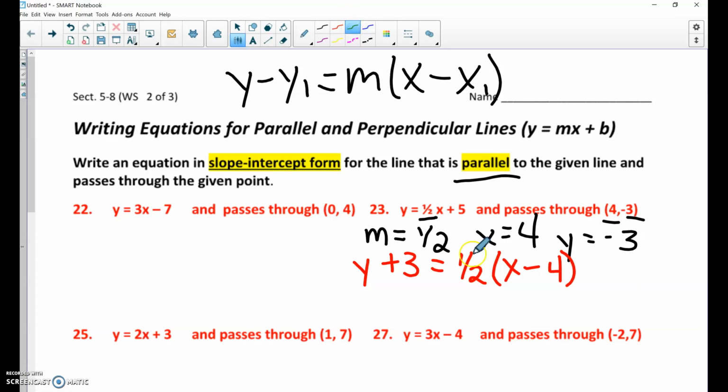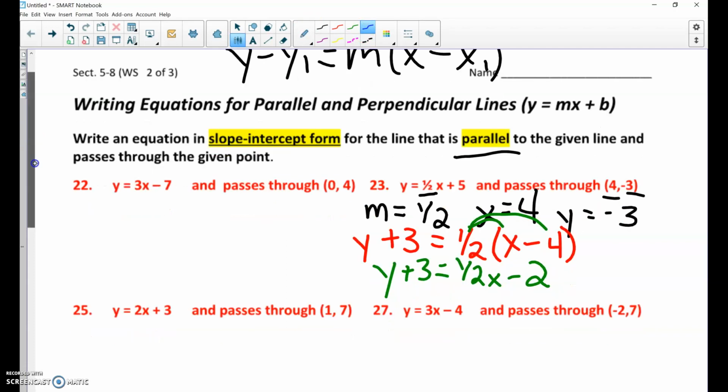And then step 2, we have this distributing step that we'll do in green. So I have y plus 3, didn't touch that side yet. 1/2 times x is just 1/2 x. And then 1/2 times a -4 is a -2. And then our last step is we're going to do the inverse operation.